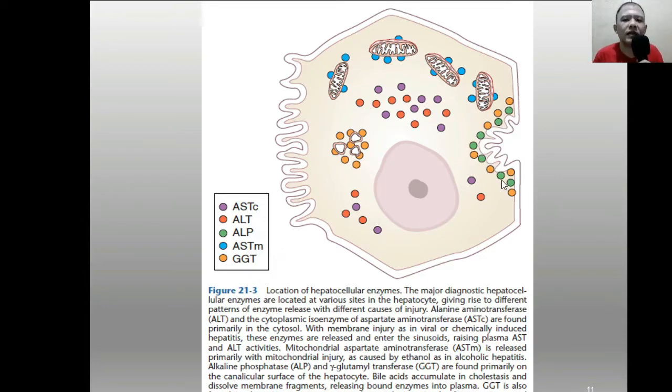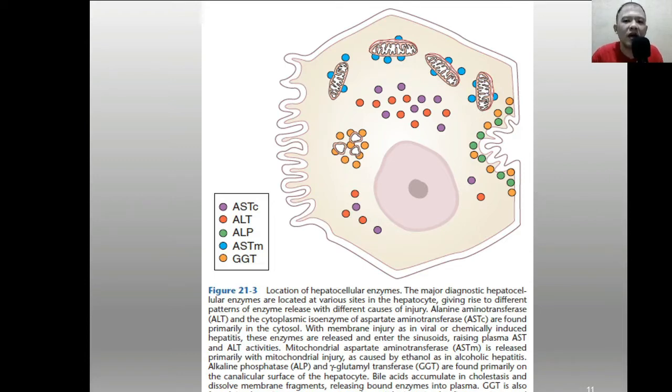How is this important? When you have an increase in ALP, that means that there is a destruction or an obstruction in the biliary side. So we're talking about gallstones, number one.